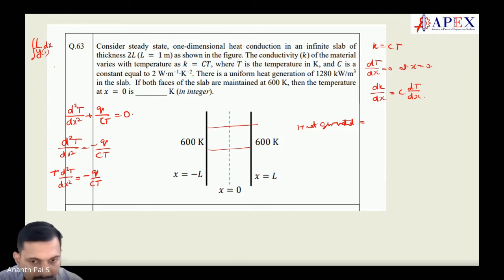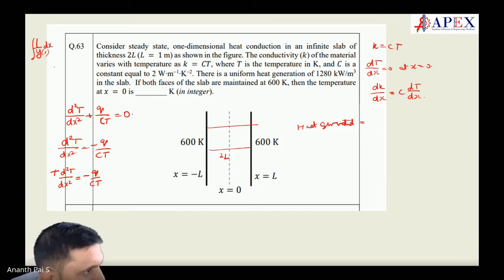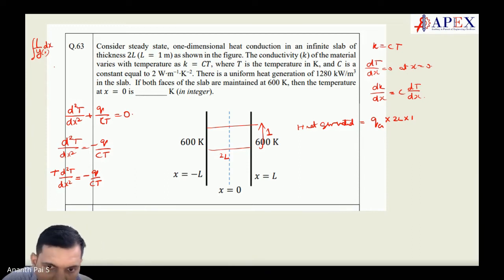Let us take area as 2L and 1 there. So heat generated is equal to Qg into 2L into 1 into 1 per unit length. That should be equal to heat conducted.